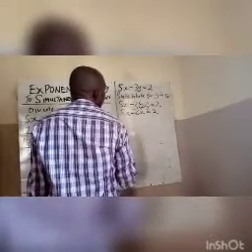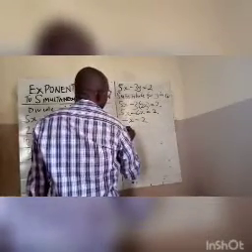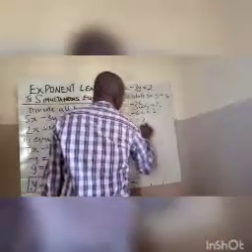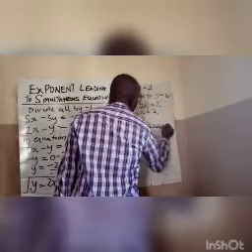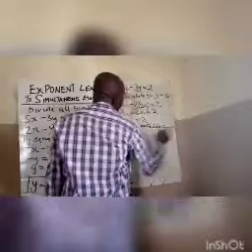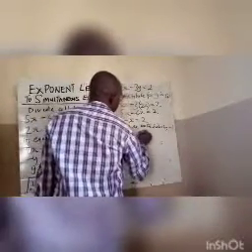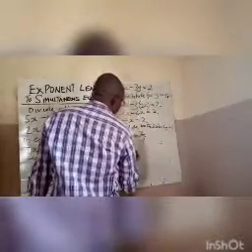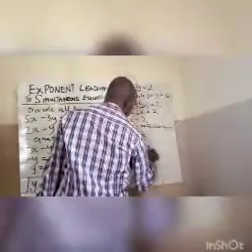5s minus 6s will give me minus s equals 2. Divide both sides by minus 1. So what we now have is minus s over minus 1 equals 2 over minus 1. S will be equal to minus 2.